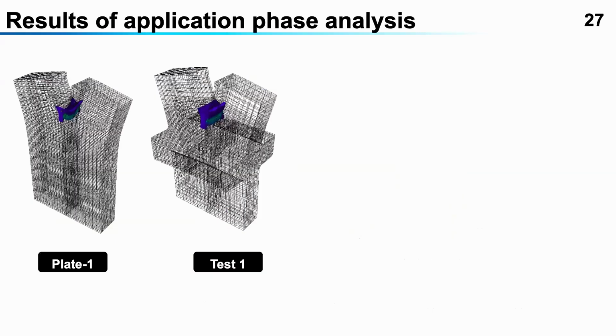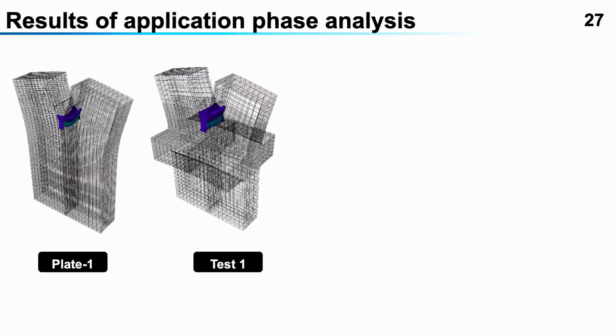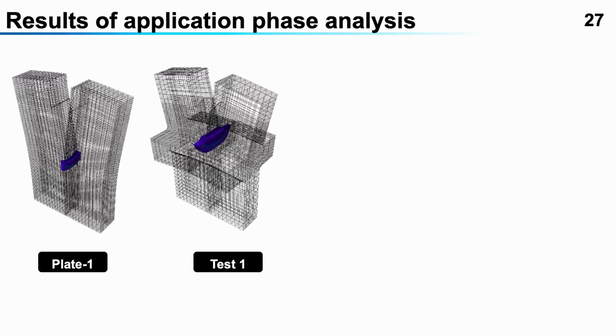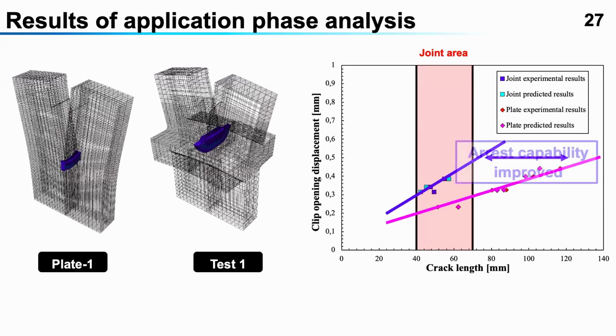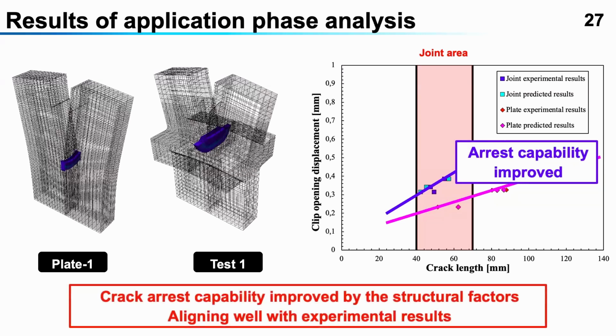Now I will show the results of the prediction. We made predictions for both the plane and the joint specimens. These are the relationships between the clip opening displacement and crack length. You can see the crack arrestability was greatly improved, which aligns well with the experimental results.